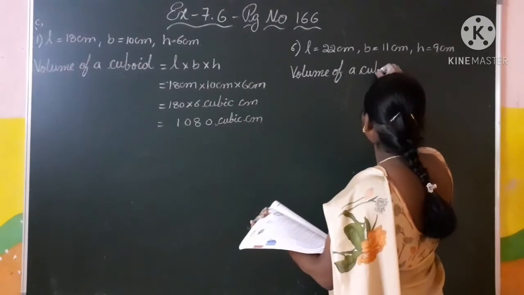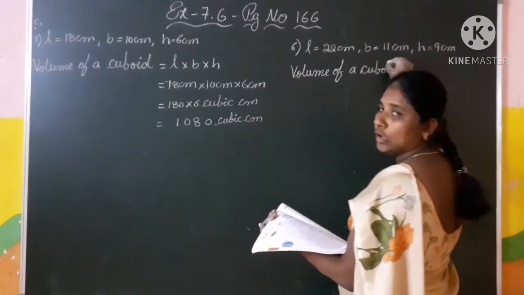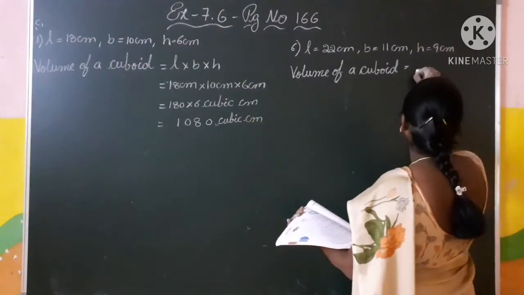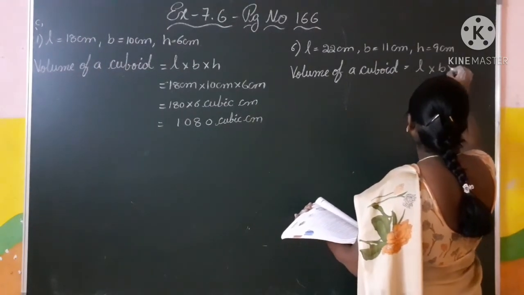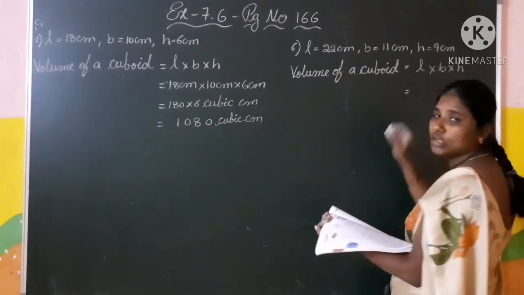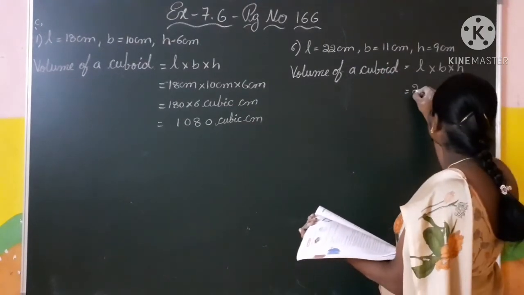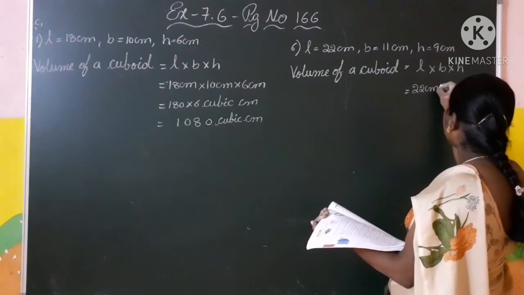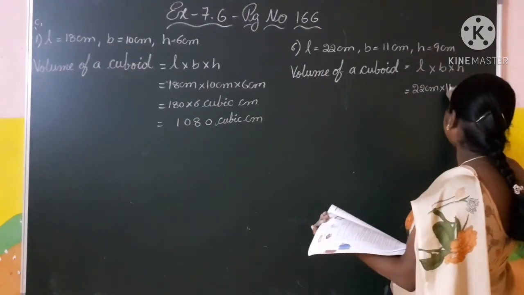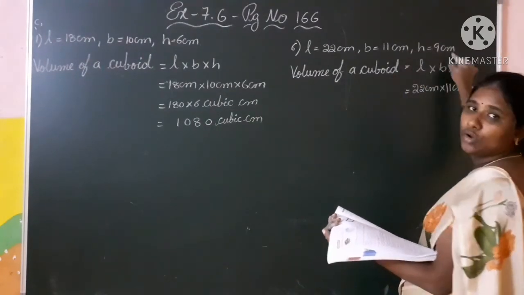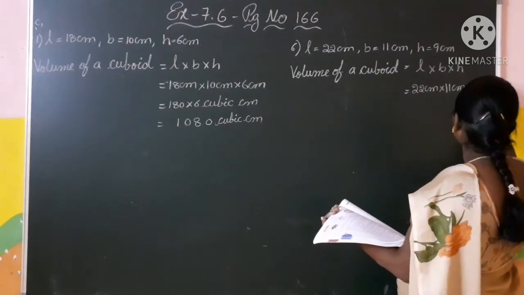What is the volume of a cuboid formula? Volume of a cuboid is equal to length into breadth into height. So length is equal to 22 centimeter, breadth 11 centimeters into height 9 centimeters.